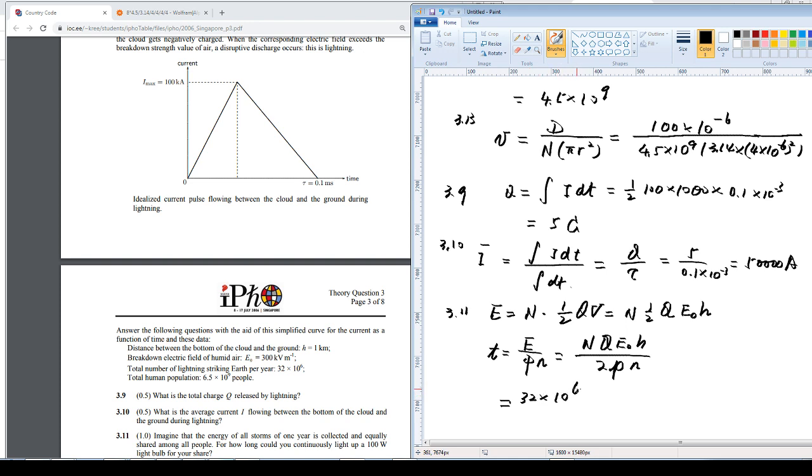So it's something like this: the total energy over the number of people over the power of the light bulb.